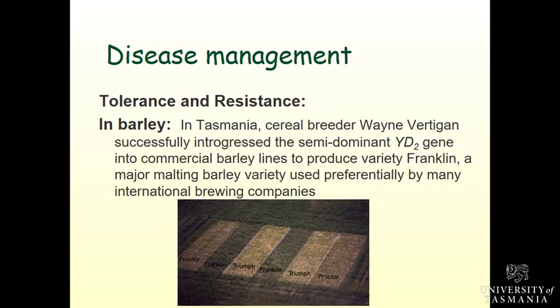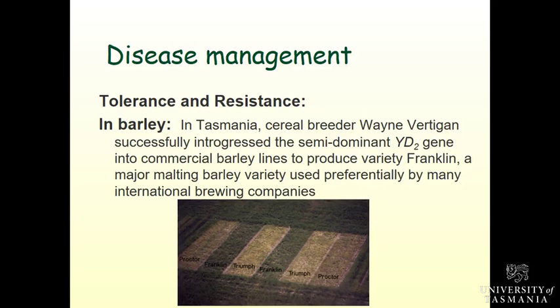Well, another story. The only reason Tasmania currently has a cereal breeding program, you think, we're not a big cereal state. We have one of the country's cereal breeding programs in our state. Why? Primarily down to this guy, Wayne Bertigan. He was with state government up in Launceston, and just happened to have a really, really good green thumb in terms of cereal breeding.